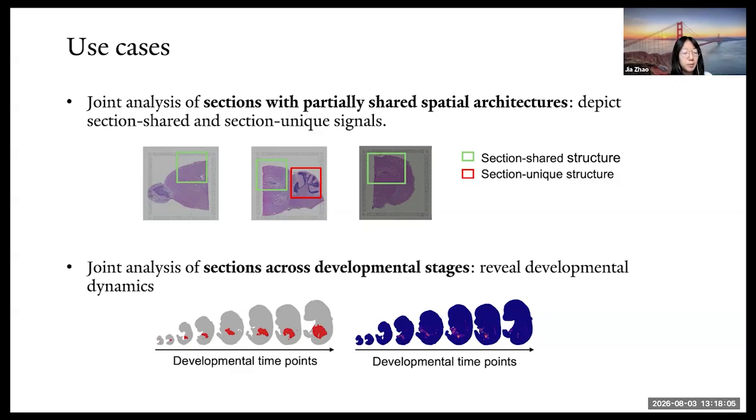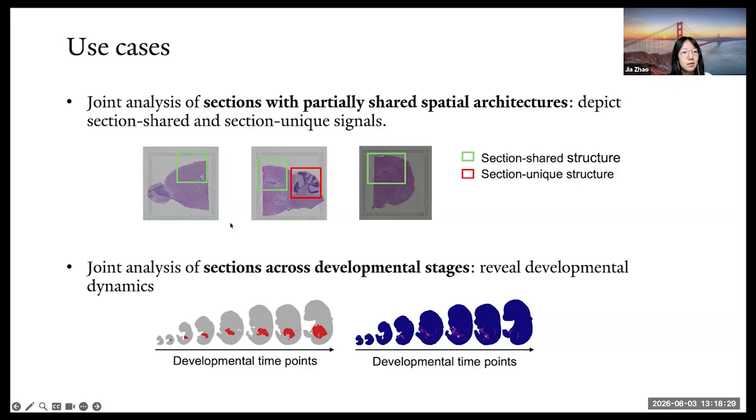Or maybe you also need to change the views to get sections from different angles of the tissue so that you can ensemble them together to form a very comprehensive atlas. But the problem is the previous methods, like the NMF method, handle one section at a time.